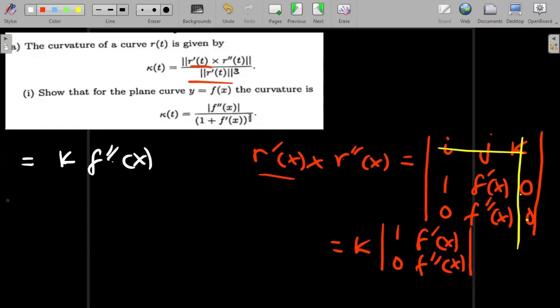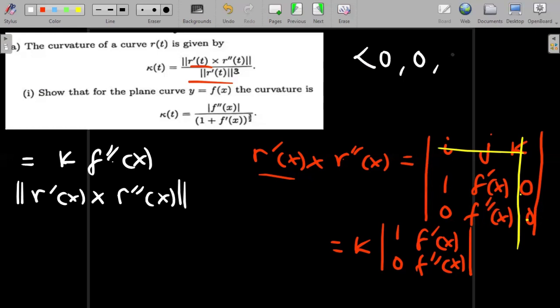Now, from here, what you do next, on top they're showing us that they're finding the magnitude of r prime cross r double prime. So we put the magnitude of r prime of x cross r double prime of x. Remember that what we found, k, can be written as a vector 0, comma 0, comma f double prime of x, like this.